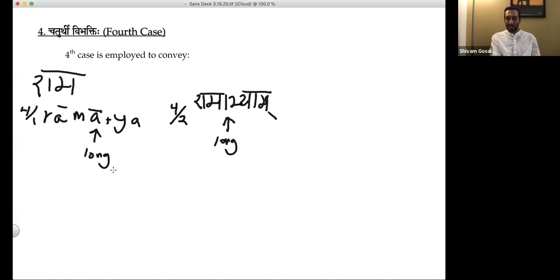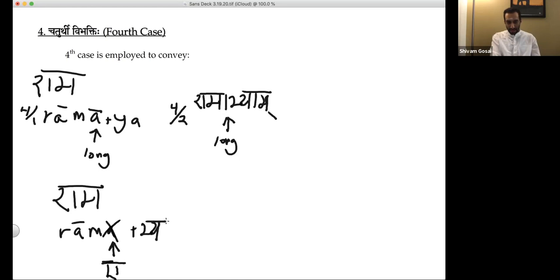Ramaya, Ramabhyam, and Ramebhyah. So we see Rama. This akara gets replaced by e. Not English e, but Sanskrit e. And then we add Bhyaha. I'm adding transliteration and Devanagari together.